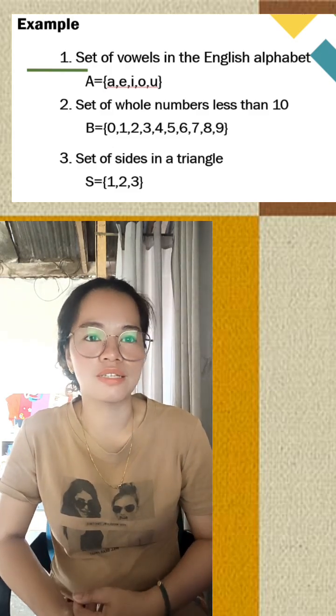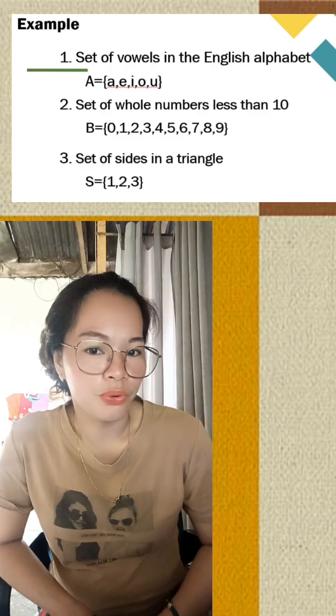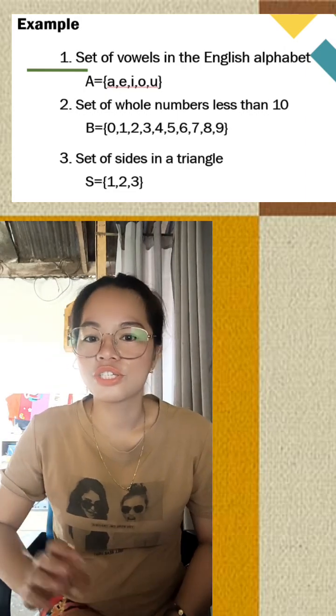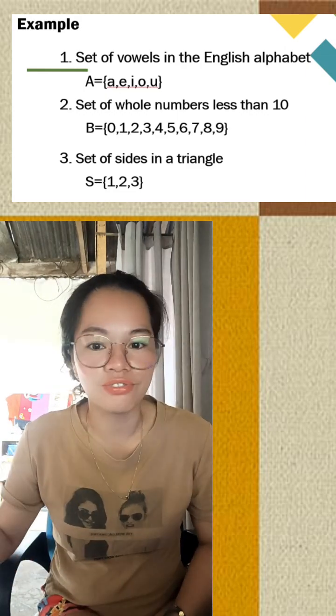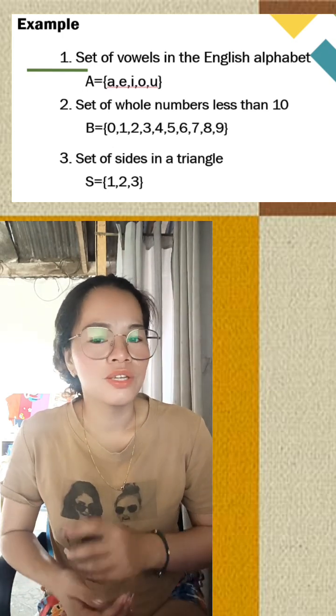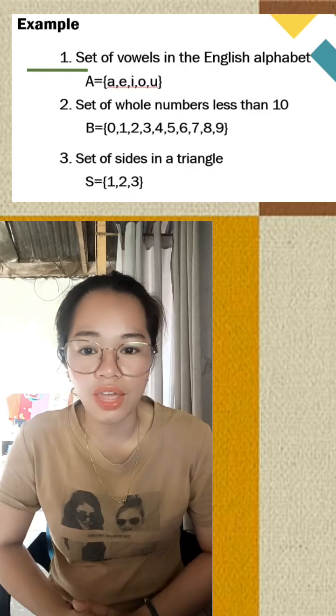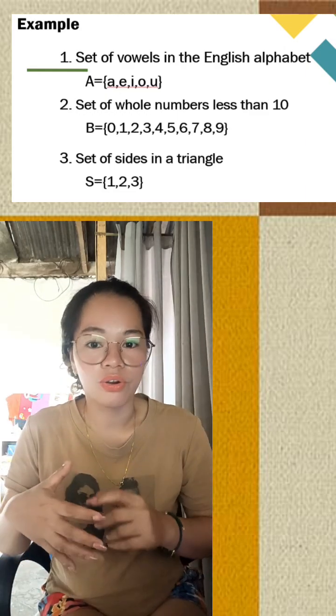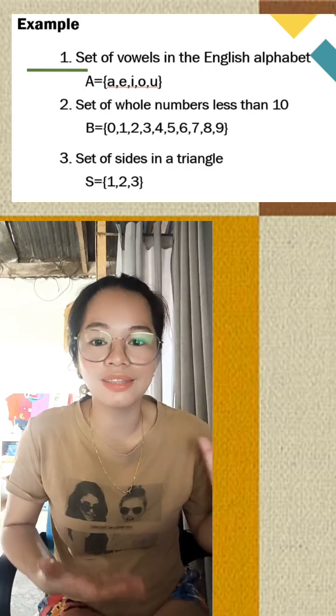Another example is the set of whole numbers less than 10. Whole numbers, so negative numbers are not included. Less than 10, what are they? 0, 1, 2, 3 until 9.